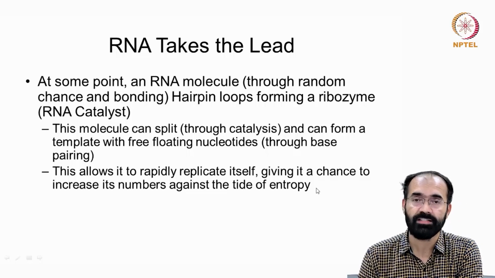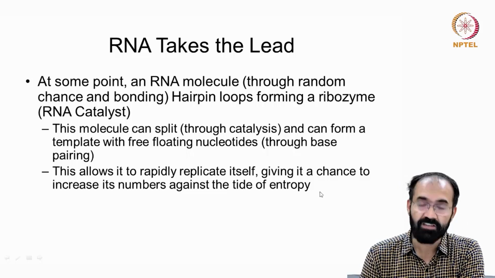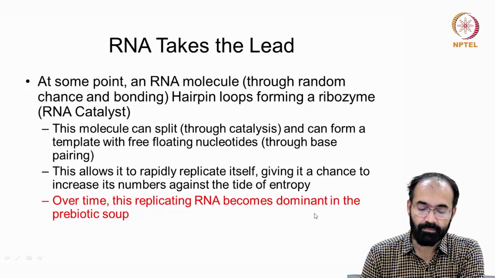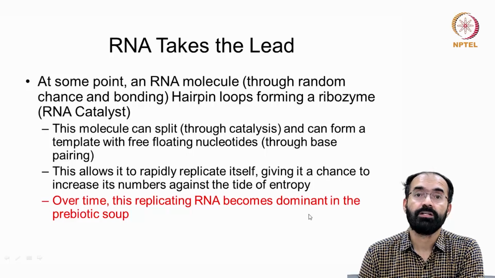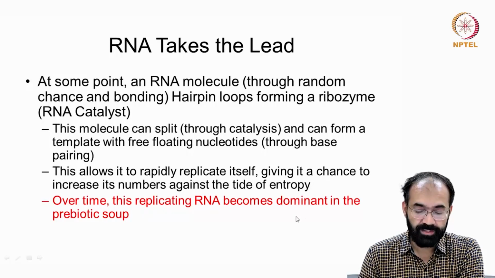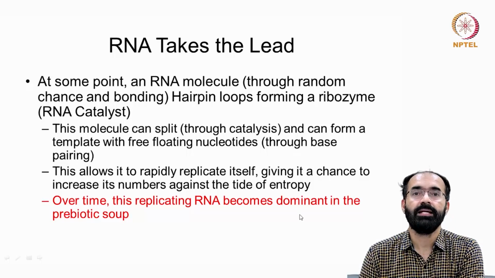Remember, entropy is always there. The molecule is always challenged, so it should be able to resist degradation. Over time, this replicating RNA became dominant in the prebiotic soup. So I will end the class with this and we will resume in the next class.